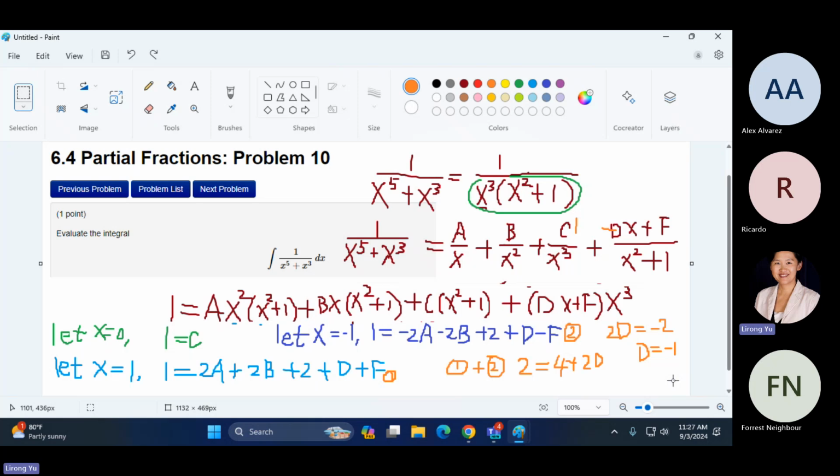Right, D is negative 1, so this must be negative, but that's. Okay. So the calculation was wrong. I'm just trying to look at what was the mistake. The D should be positive 1.